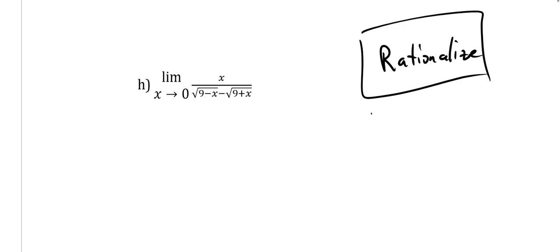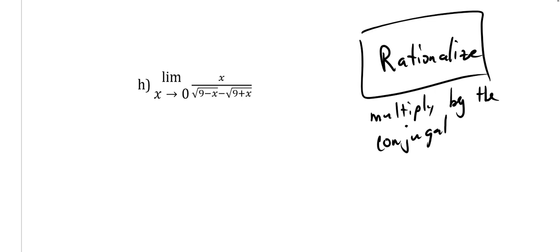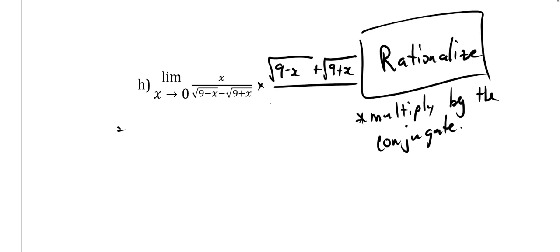Which means multiply by the conjugate. What's the conjugate in this case? It's the square root of 9 minus x plus the square root of 9 plus x. And it's the same things.